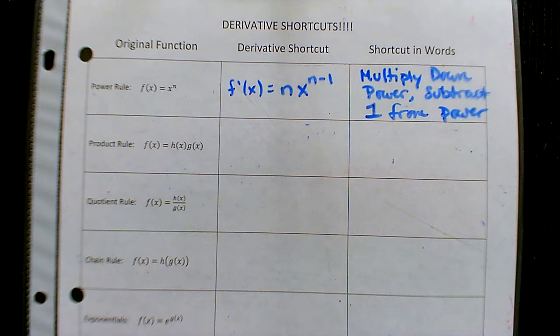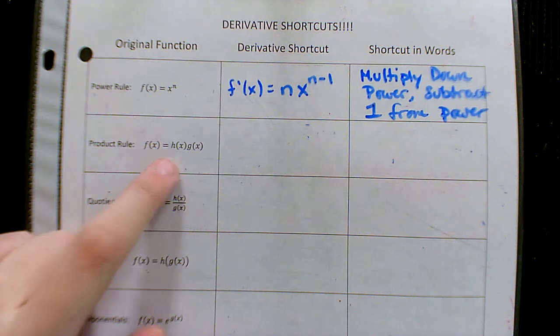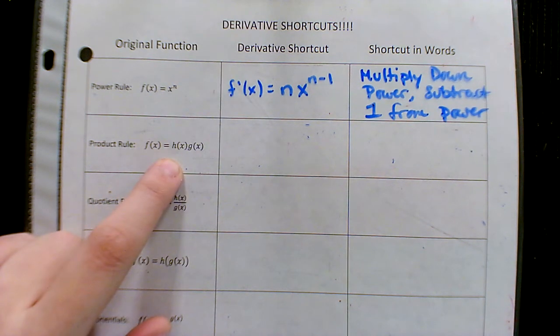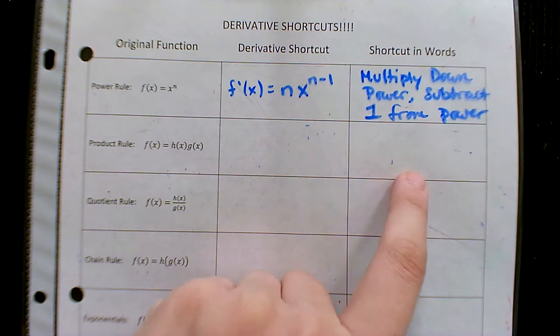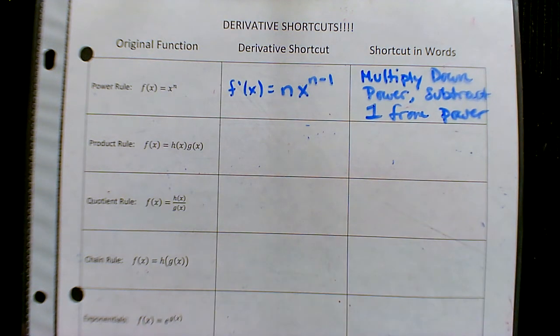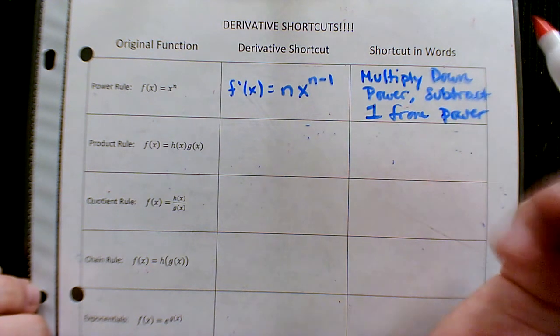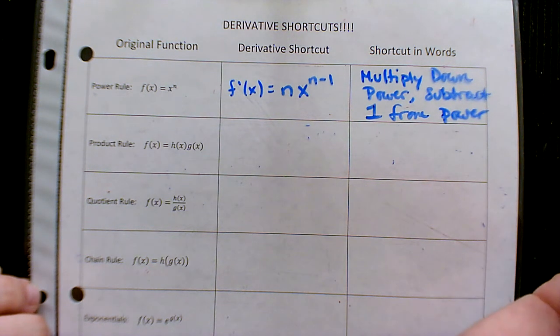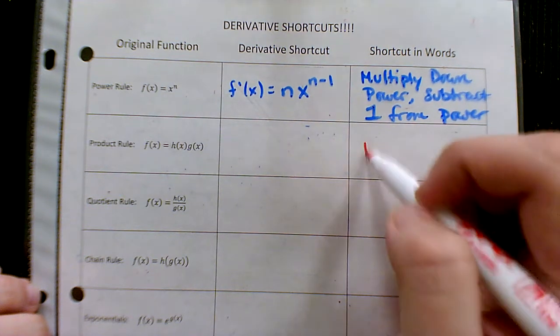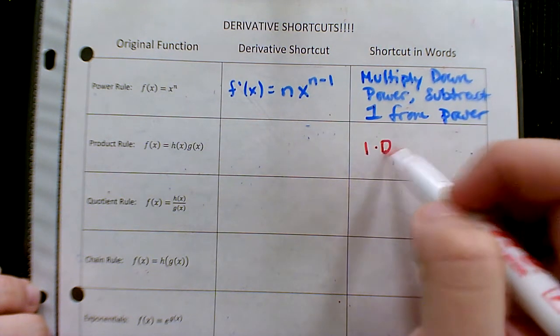What about product rule? What would the derivative look like, our little shortcut? And then maybe we'll write down a phrase or wording that we use to help us remember it. If I remember my trick correctly, it was 1d2 plus 2d1.